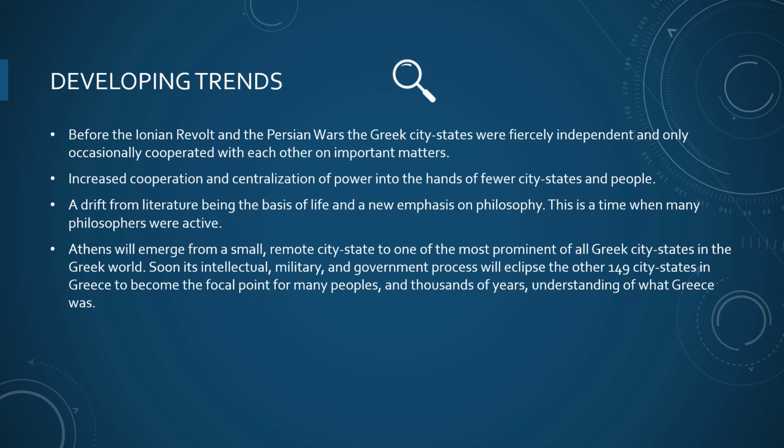Many other cities also had philosophers. Many other cities had navies and armies. Many other cities had slaves and coinage and religion. Yet Athens, because of its role and what it will become during the course of the Persian Wars, has become in people's mind the essence of Greek history.